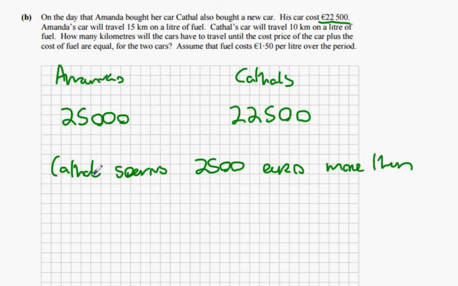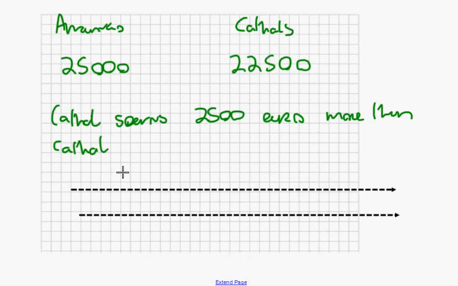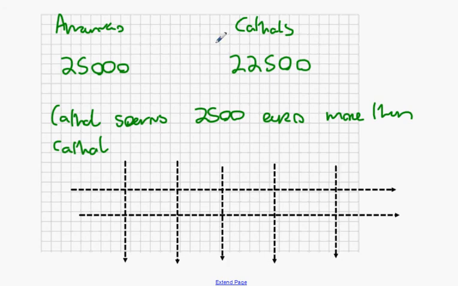So what I decided to do was, on a really basic level, figure out how far each car can get on a certain amount of petrol. So I drew myself a little table to figure out what exactly is going on with the two cars. The first car represents Amanda in kilometers. The second one represents Carl's car in kilometers.